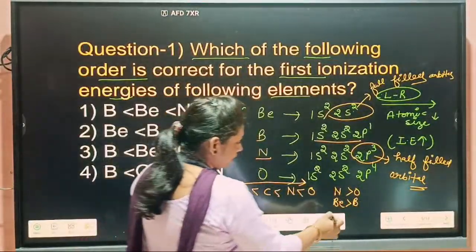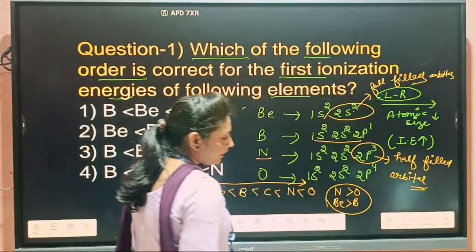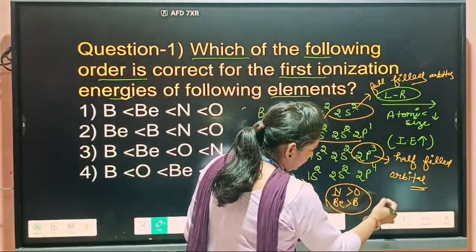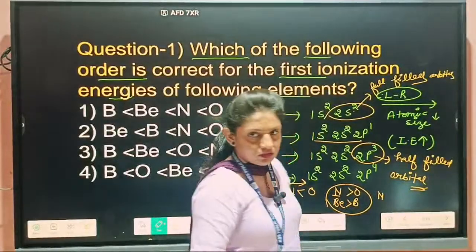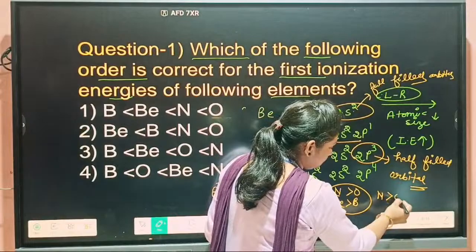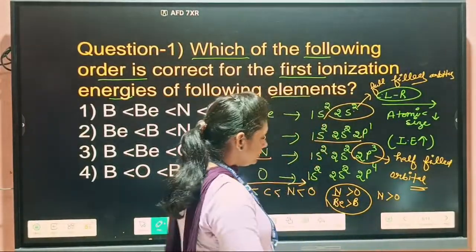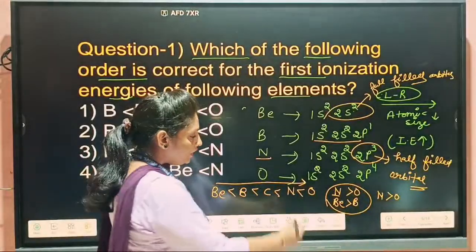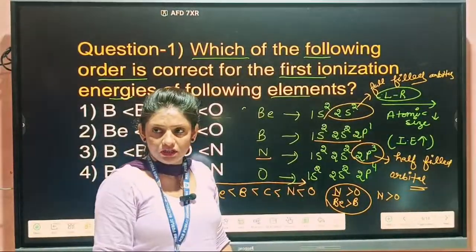So students, from here we can conclude that the ionization enthalpy for nitrogen will be maximum, more than oxygen, because when we move in a period, ionization enthalpy increases.